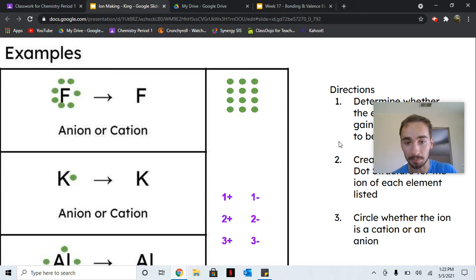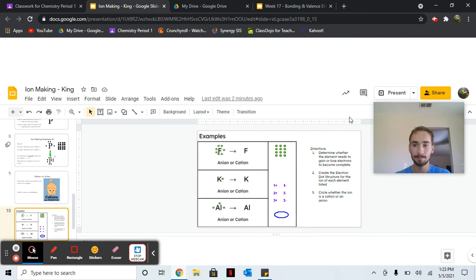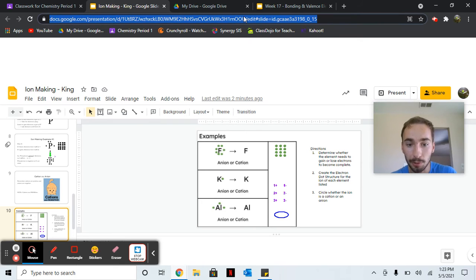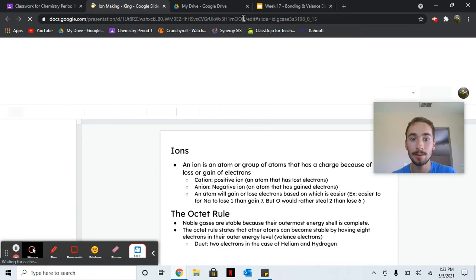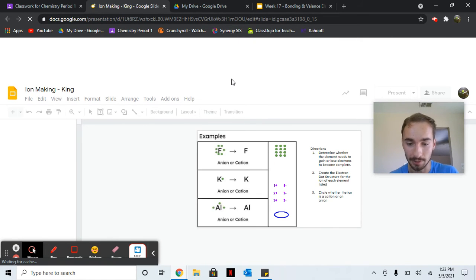So when you're doing these problems, here's what you should be thinking. You count the valence electrons here. So fluorine has 1, 2, 3, 4, 5, 6. Fluorine has 7 valence electrons.